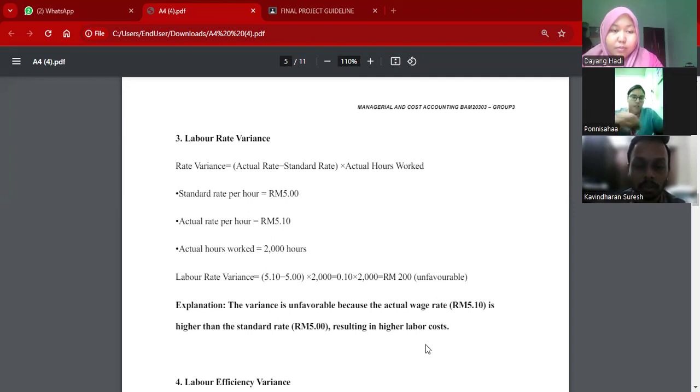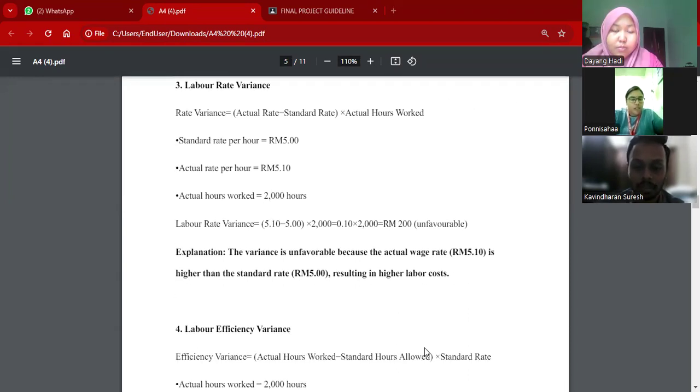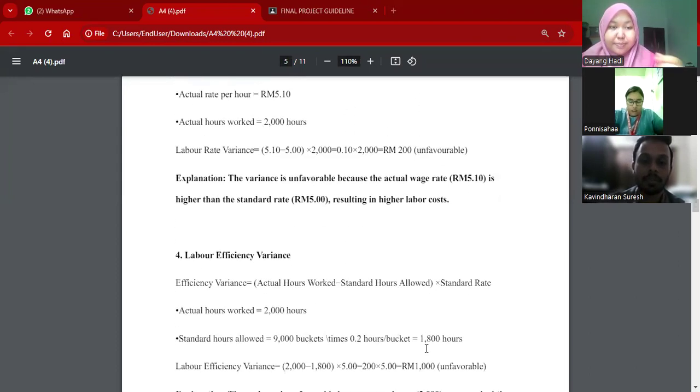So the formula is 5 ringgit 10 cents minus 5 ringgit, multiplied by 2,000 hours. We get 0.10 for the first part, multiplied by 2,000, and we get RM 200. It is unfavorable because the actual wage rate of 5 ringgit 10 cents is higher than the standard rate of 5 ringgit, which results in a higher labor cost. Thank you.